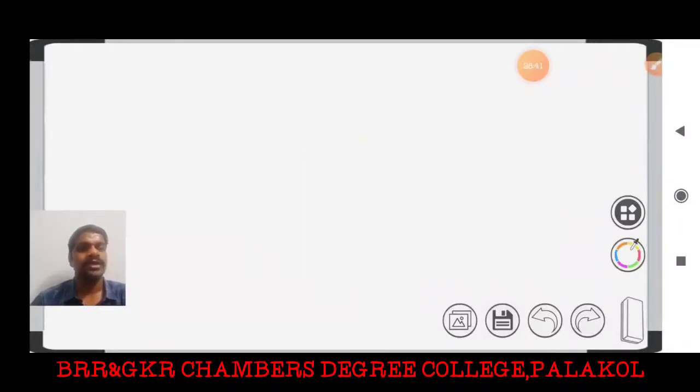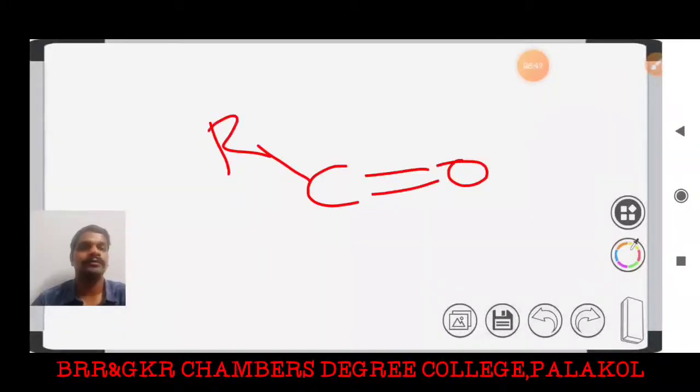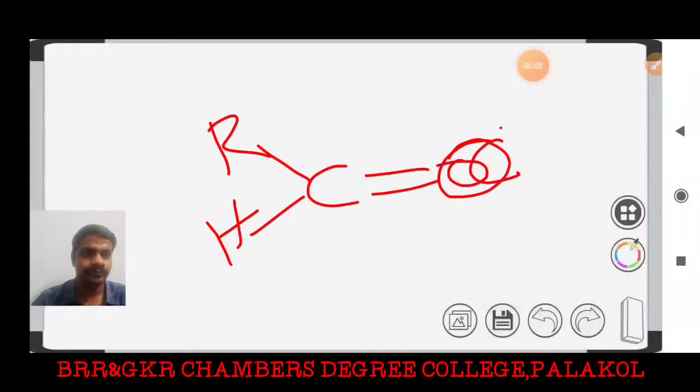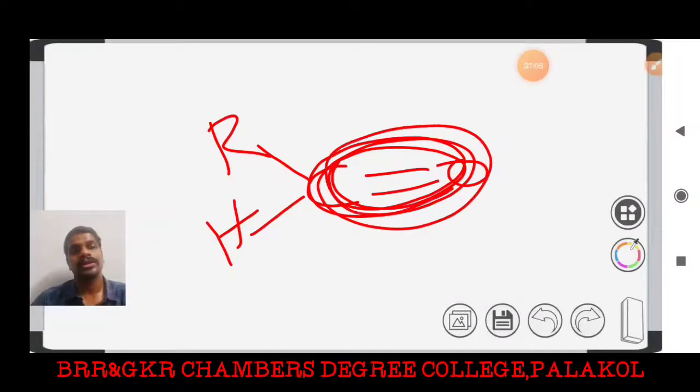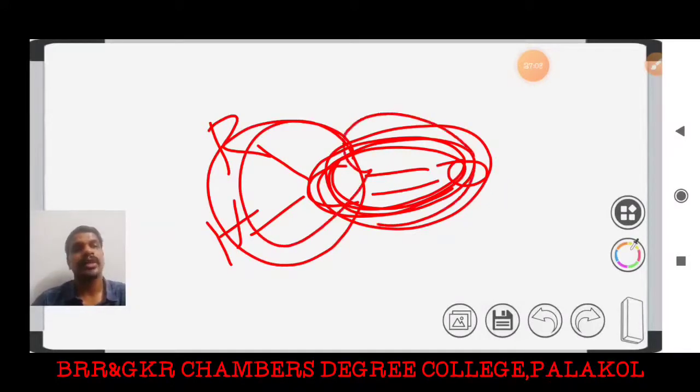And the third example is C double bonded O molecule. That means aldehyde, RCHO. So this explanation is similar to the alkene molecule. In the alkene molecule in place of oxygen atom we have one carbon; now this carbon atom is replaced by one oxygen. So again, due to the circulation of electrons, it creates a secondary magnetic field.